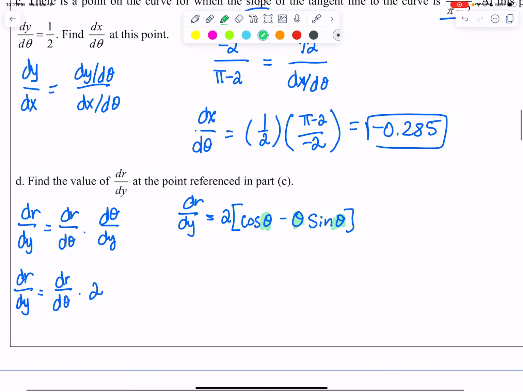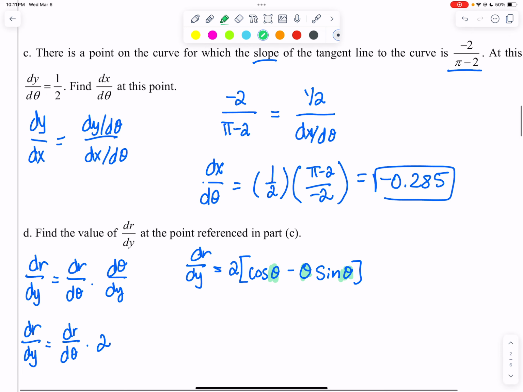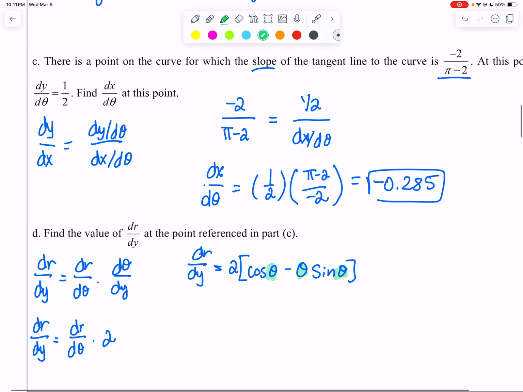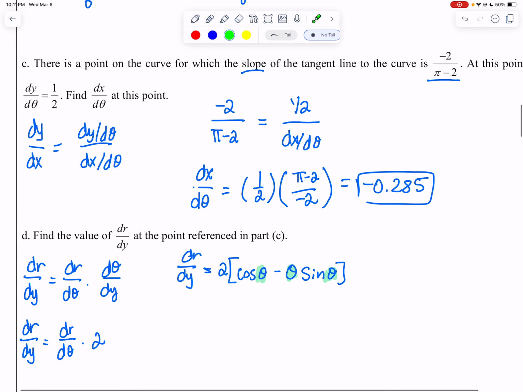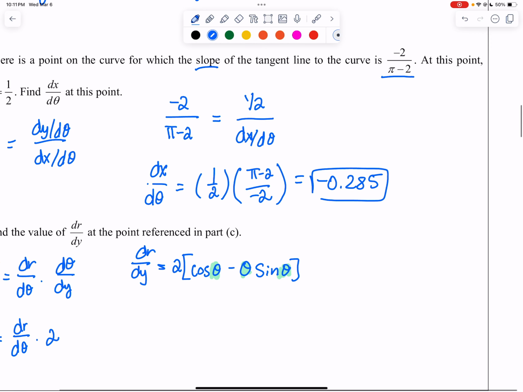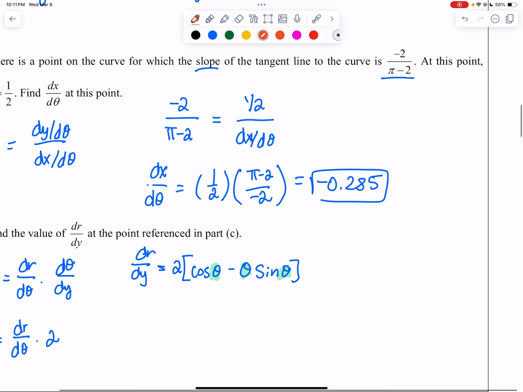So in order to figure out what theta is, we're going to use what we have so far. Remember that dy/dx is equal to this lovely thing right here, and we know that dy/dx is equal to 1/2 over dx/dθ. So -2 over pi minus 2 is equal to 1/2 over dx/dθ. We already have a formula for dx/dθ.